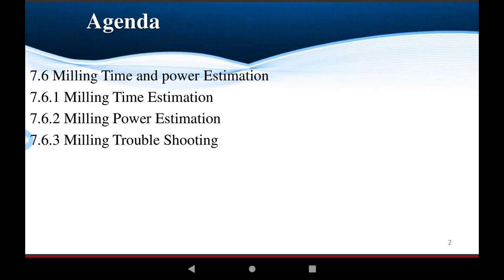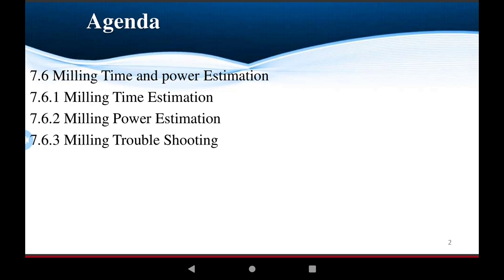Okay, we find out the power and use formulas for estimating the time. Milling time estimation and milling power estimation are tabulated and sorted, along with other problems.